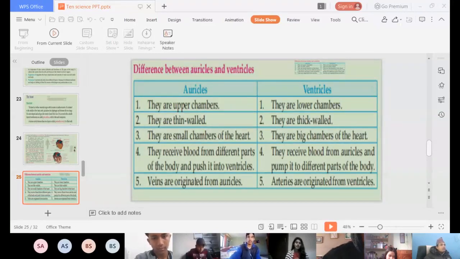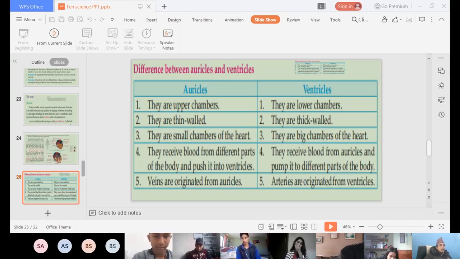Auricles are upper chambers, whereas ventricles are lower chambers. Auricles lie up, ventricles lie down. The walls of auricles are thin, and the walls of ventricles are thick.